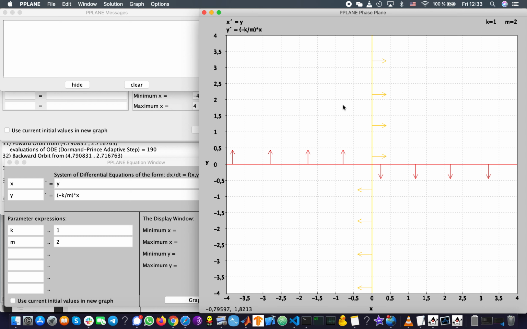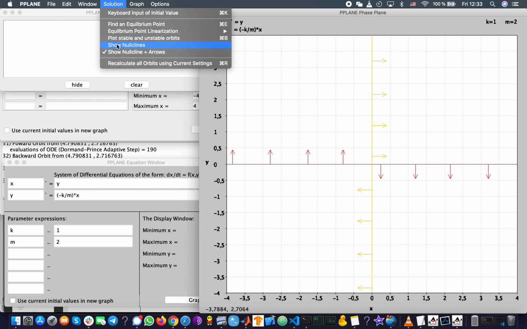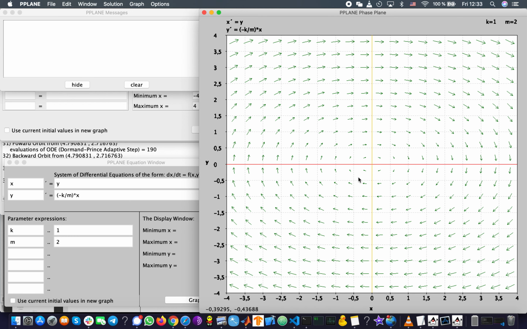If you remember in the lectures by Professor Pripa, these null lines split your phase planes into important regions with the same behavior. You can see these vectors coming from the vector field, which you can follow here.